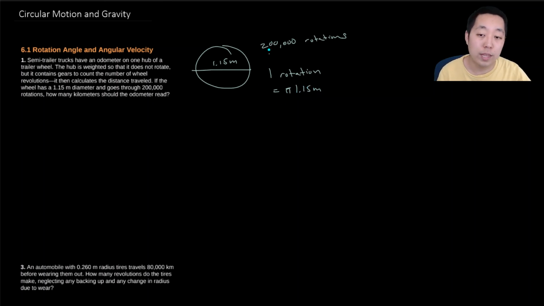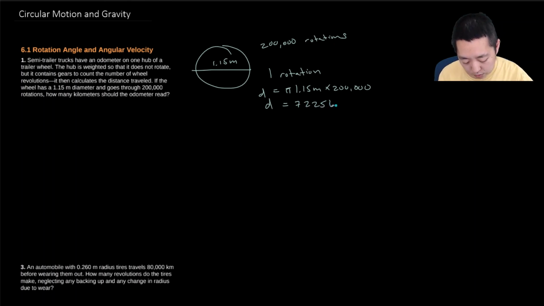If I have 200,000 of these, I'm just going to multiply this by 200,000 to get the total distance after it's gone 200,000 rotations. 1.15 times pi times 200,000 is 722,566 meters. And in kilometers, it's 722.6 kilometers. Just round it off like that.